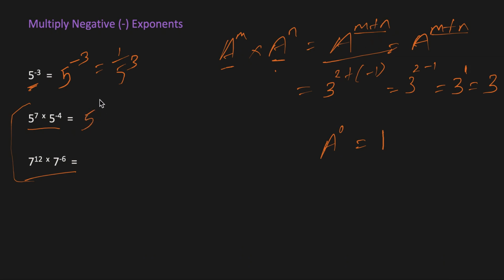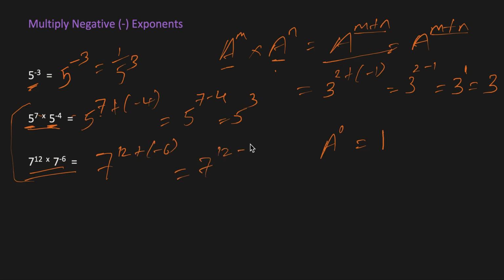We'll use the same concept here: 7 plus -4, which is 7 minus 4, which is 3, so 5 to the power of 3. Again, remember, the base needs to be the same, and we just add the exponents. Let's look at another example: 7 to the power 12 plus -6.